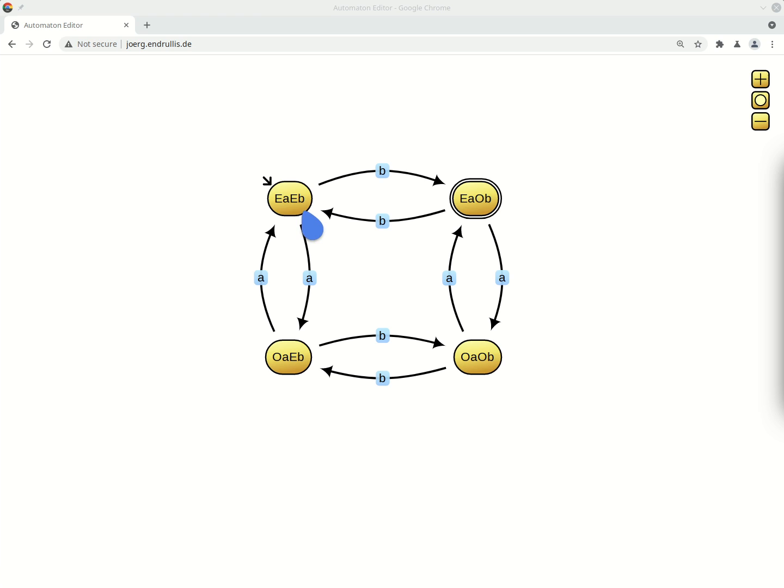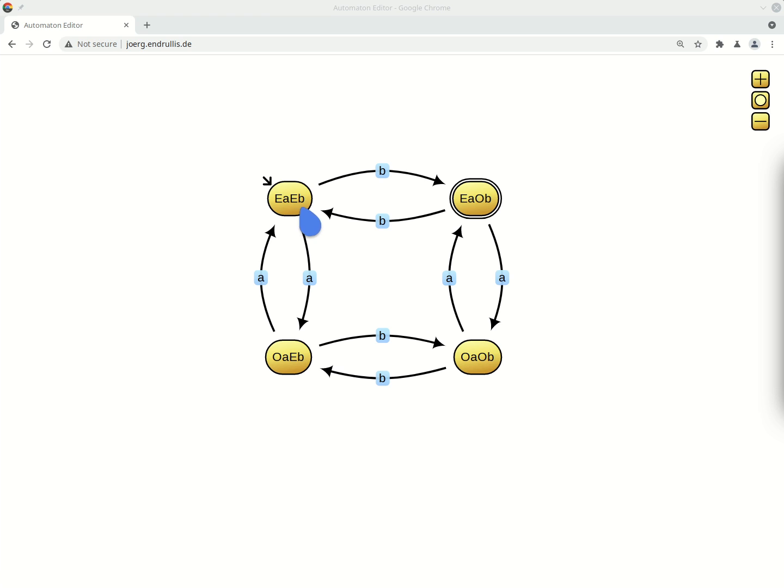Now if the automaton reads an A, so then we have 1 A, we switch from a state where we have an even number of A's to a state where we have an odd number of A's. And we still have an even number of B's. If we read an A again, we switch back to a state where we have an even number of A's.